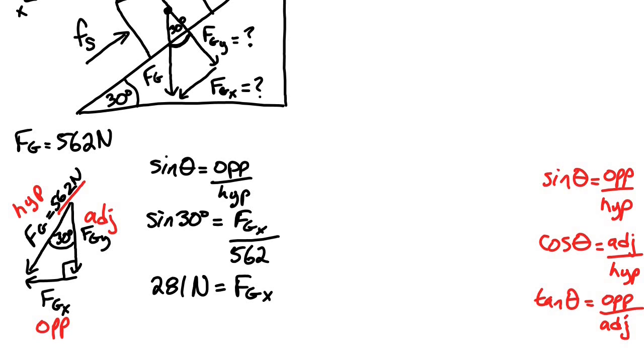And the next part is to find out what FGY is equal to. Keeping in mind that once again we have our hypotenuse, and FGY is our adjacent. Which one of these trig functions are we going to be using here? Hopefully you're saying to yourself the cosine function.